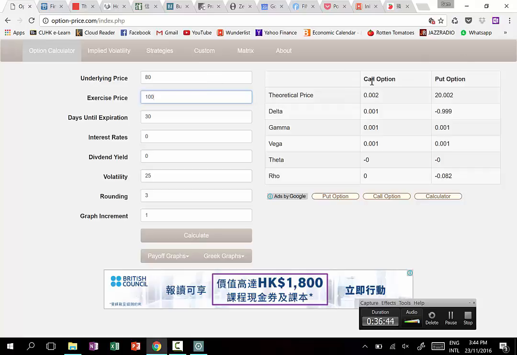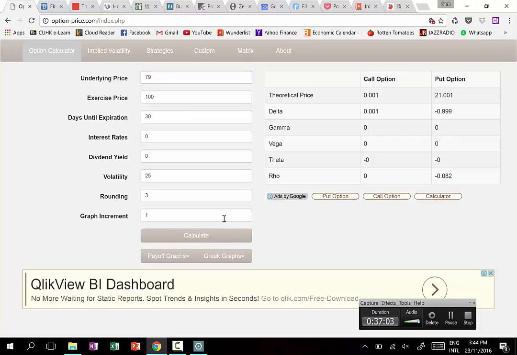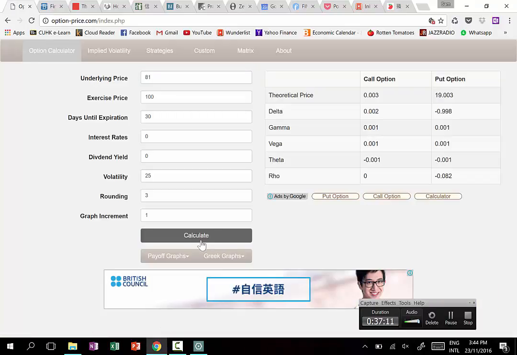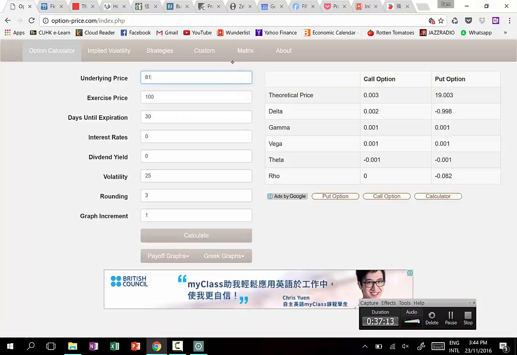Now I know this is pricing a European put, it doesn't matter, don't worry about that. And I'm using a vol of 25. Now I just told you that if you change this to 79, the put price will now be 21, more or less. So you're wondering, well, this looks just like a forward contract or a futures contract, and what is so interesting about this?